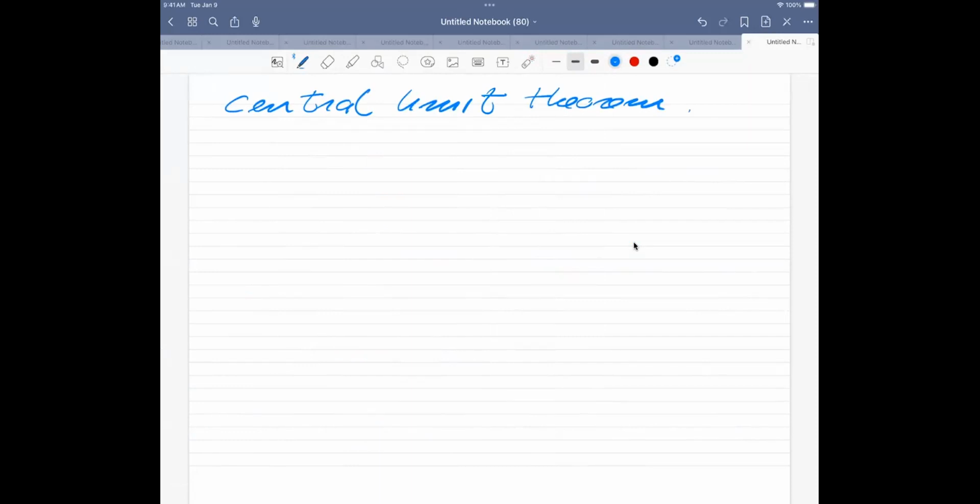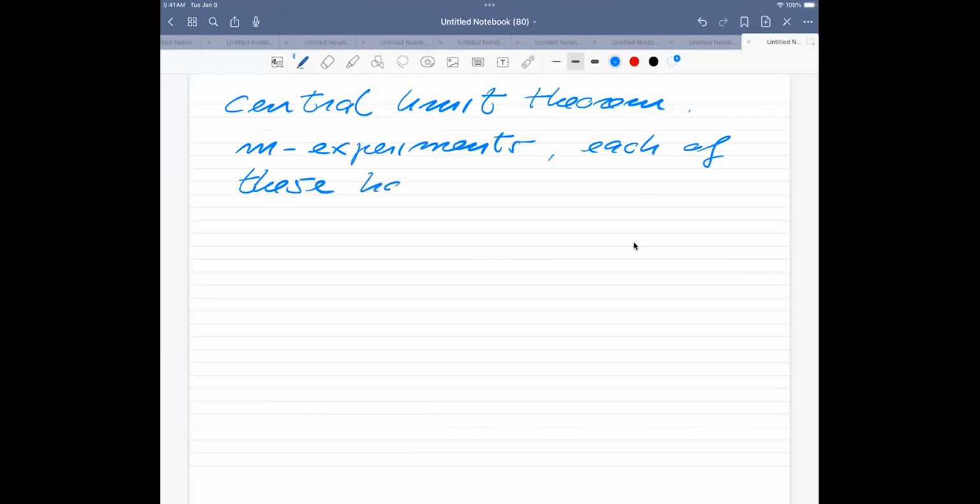Let's assume now that we have n experiments, and each experiment contains n observations or n events which we look at. A typical experiment produces a mean value, a sample mean value.